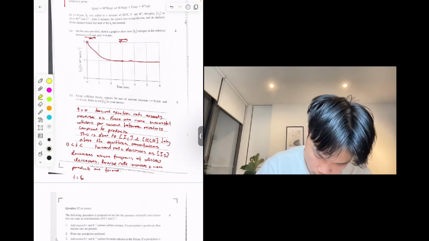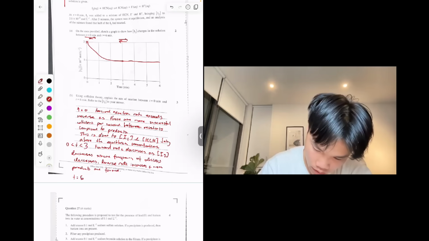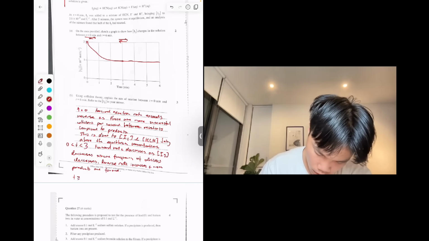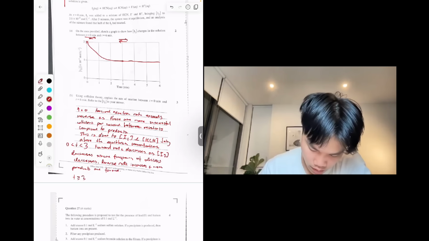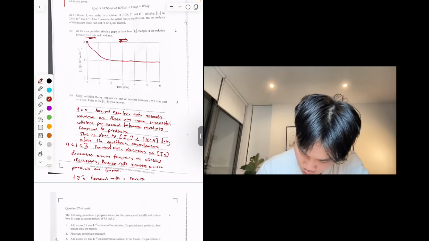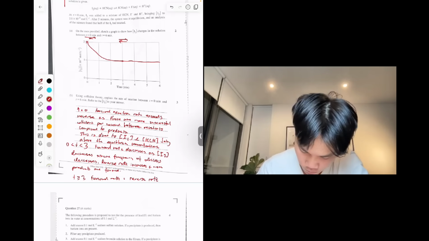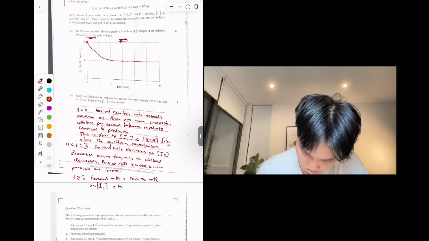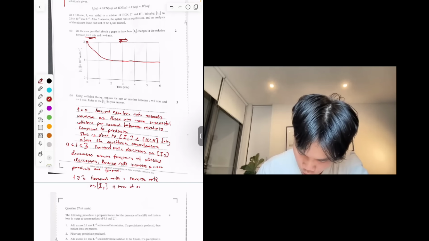There should be t less than 3, sorry. And then you say from t is greater or equal than 3, forward rate equals reverse rate as I2 is now at equilibrium concentration.